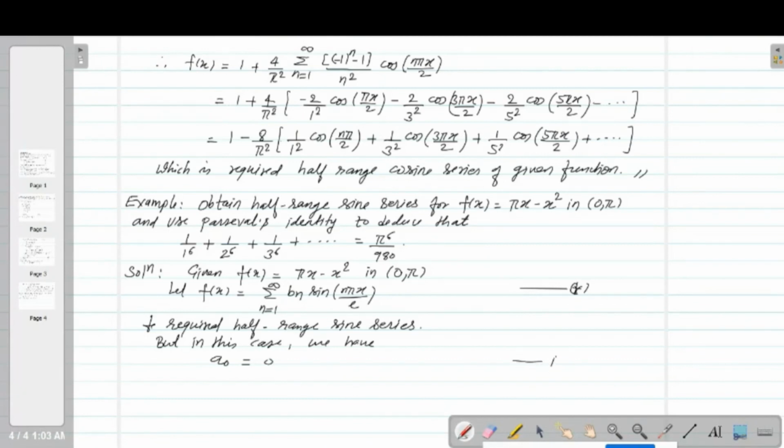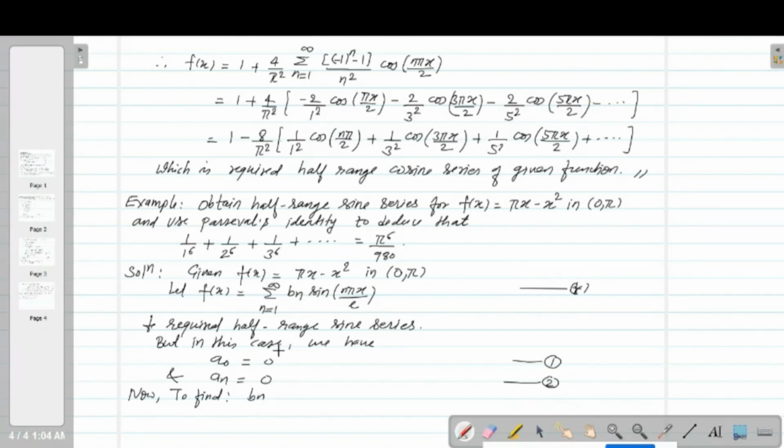Name this equation number 1. And an is also 0. Name this equation number 2. Now we need to find only the Fourier coefficient Bn.